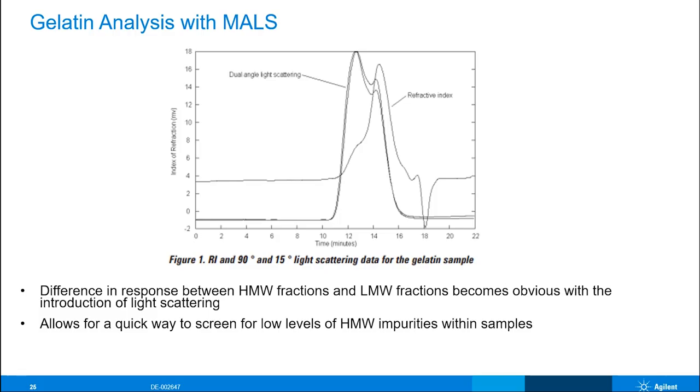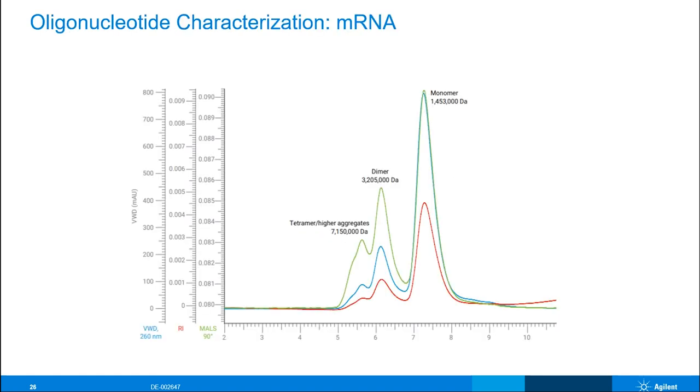What we have here is an oligonucleotide that we were looking at, in this case just an mRNA sample. If we look at the concentration detectors, blue being UV at 260 and red being RI, as we get to the dimer, tetramer, and higher order aggregates, which are in much lower concentration compared to the monomeric peak we see at about 7 minutes, we see a decrease in signal intensity for these concentration detectors.